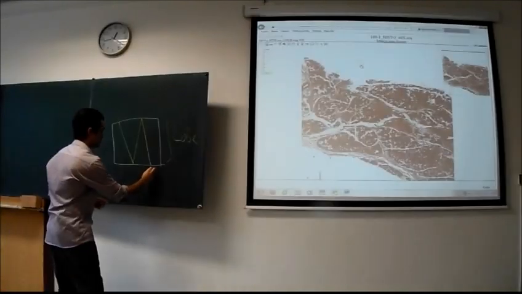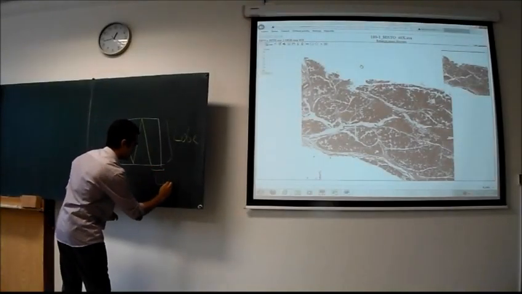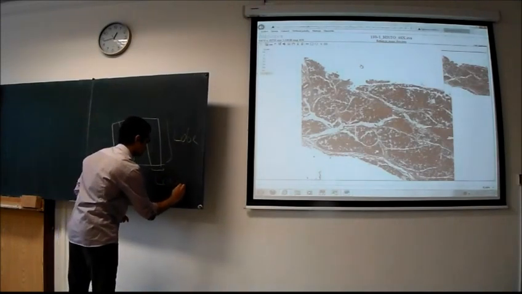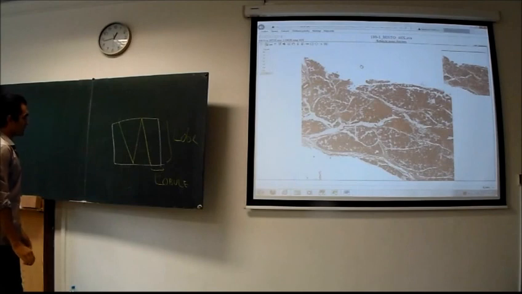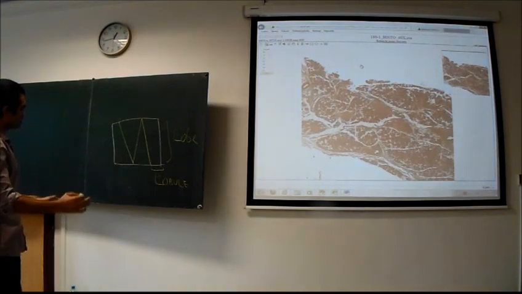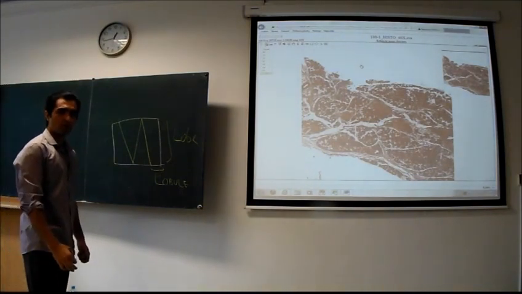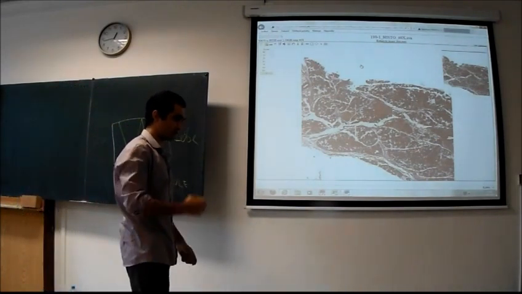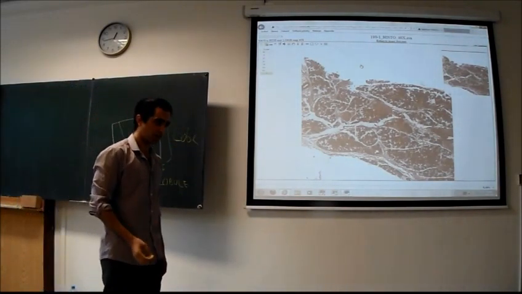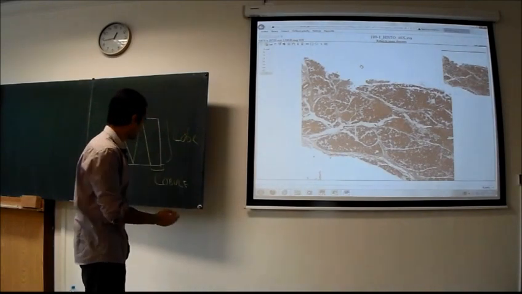Imagine this portion is a lobule. Then we have to think about the duct system. We have the intralobular duct, the interlobular duct, and then we have the main duct, which is either going to the mouth, or going to the duodenum from the pancreas, or similar.